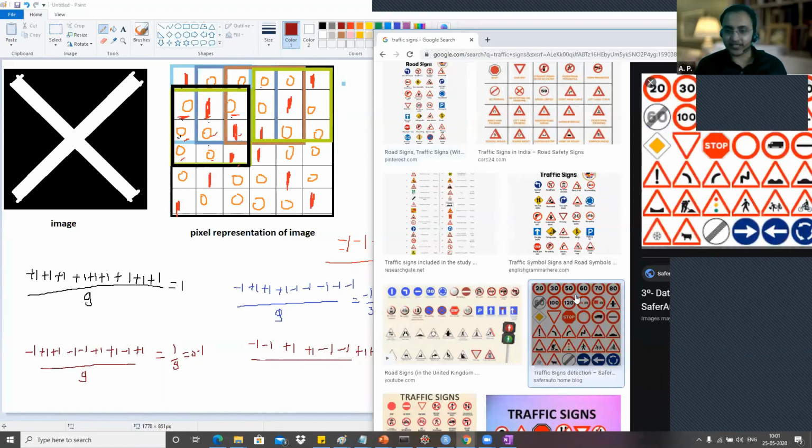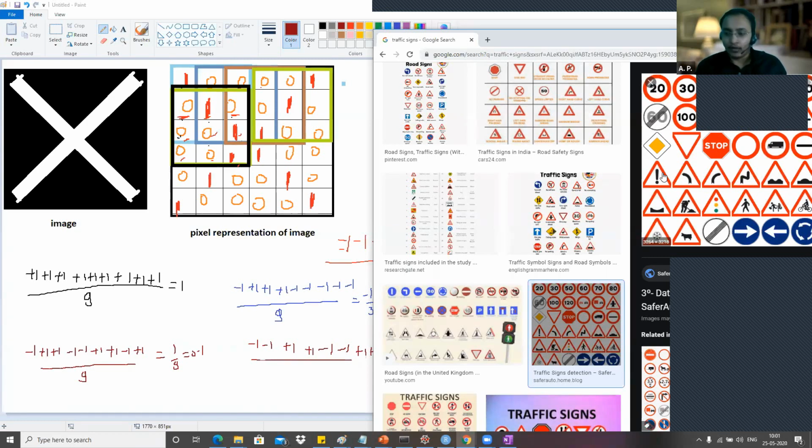Traffic signs are simple, like a triangle, a horizontal line, or a vertical line, easy to interpret. A face will have more complex features. The larger the filter size you take, the faster will be the process, and the smaller the filter size you take, the slower will be the process.